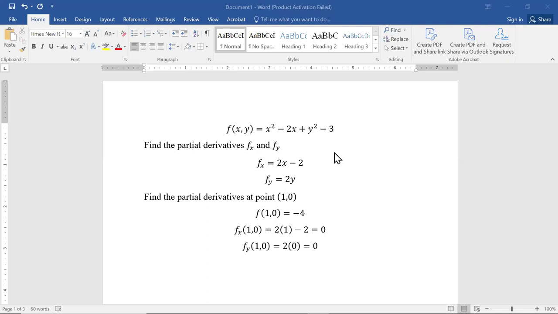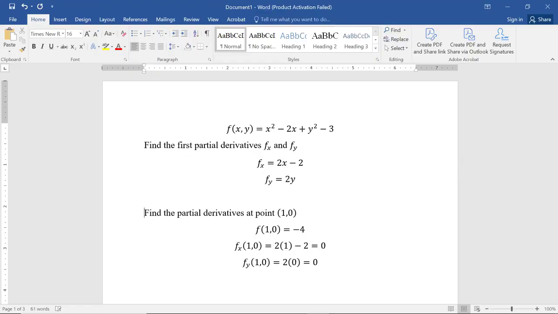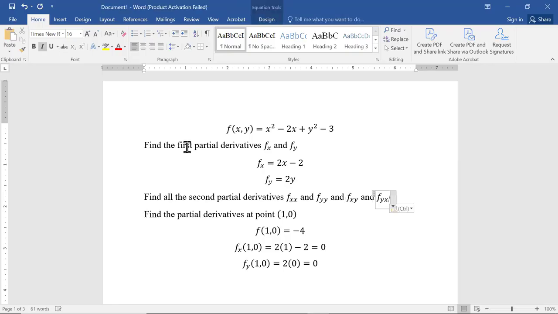Now, obviously, I'm using the same function, so I can take advantage of the previous work. So we've already found the first partial derivatives. The first partial derivatives are just f sub x and f sub y. Now we want to find the second partial derivatives.